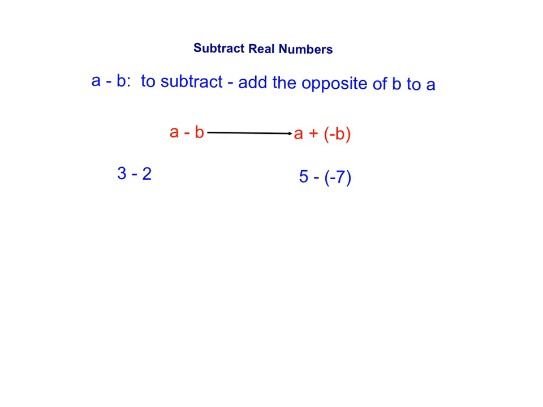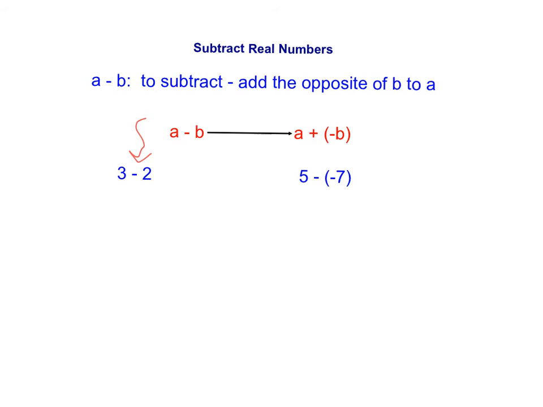Alright, so now that we've reviewed addition, we need to review the basic rules of subtraction. So something to note about subtraction that makes it much, much easier is that subtraction is simply adding the opposite of B to A. So we can turn every single subtraction problem into an addition problem. So what I mean by this is right here you see 3 minus 2.